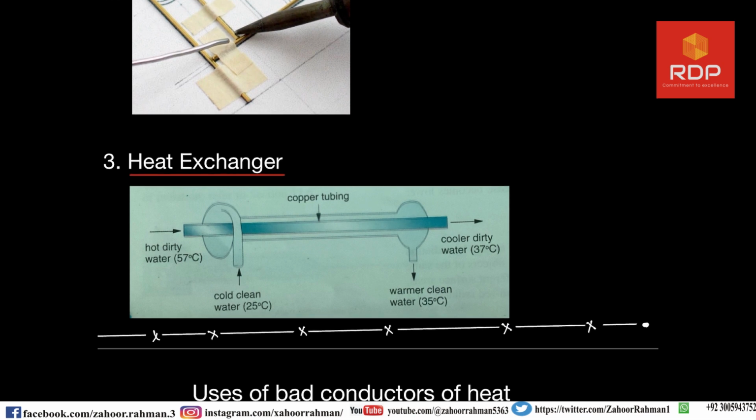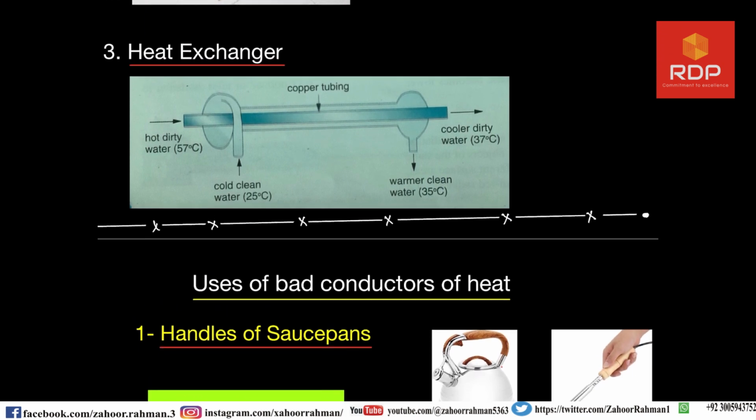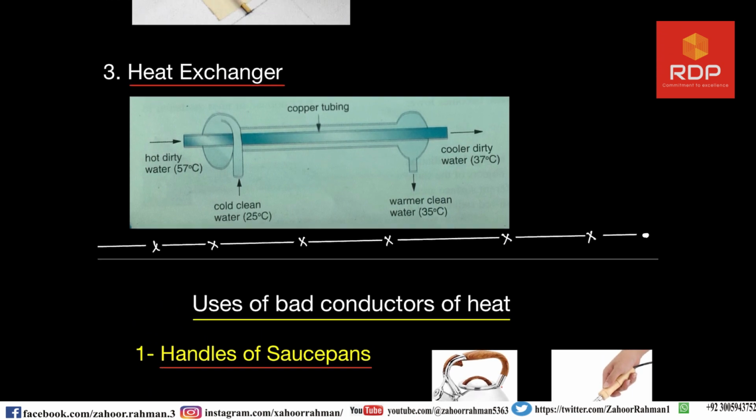Now the third usage is the heat exchanger. This needs a little bit of explanation, so I will go into a bit of detail. These heat exchangers are used for many purposes where heat is required to perform a specific job.